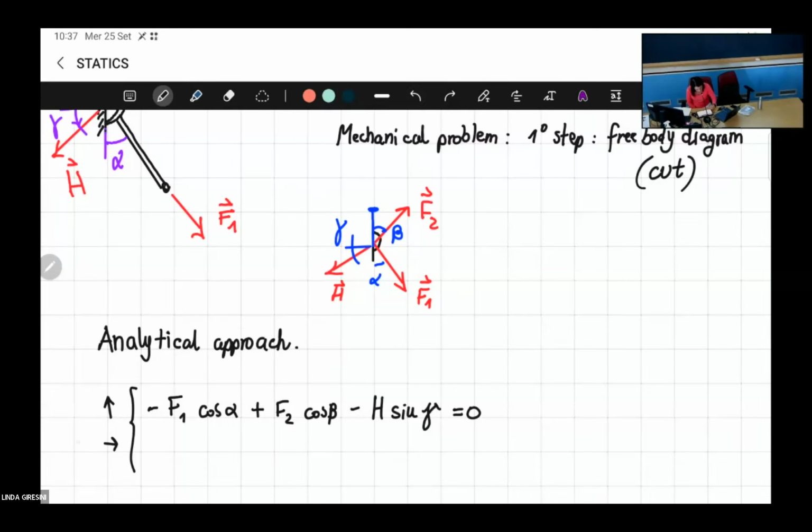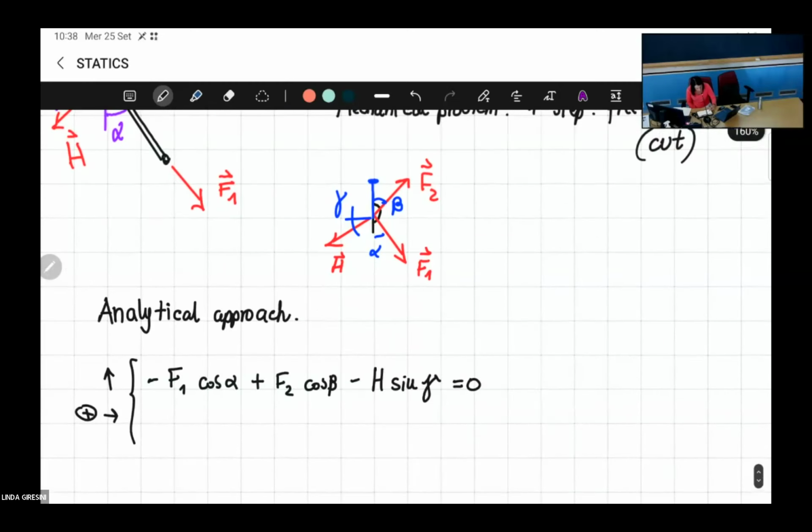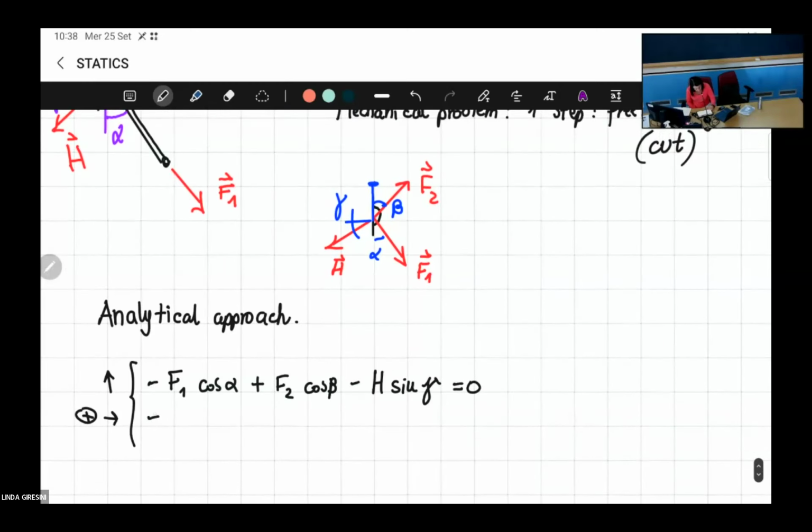So F1 will be directed, sorry, because my tablet is not as, so this is the positive direction. So we must consider plus F1. In this case, what? Sin alpha.